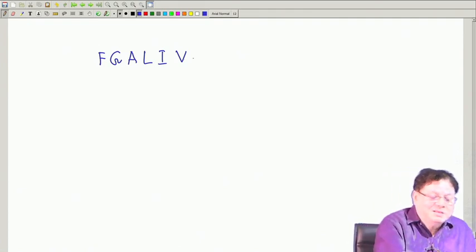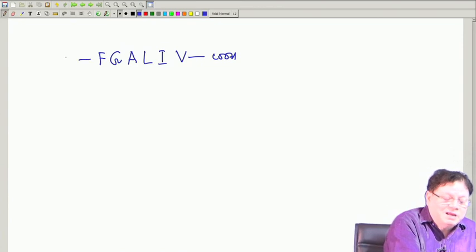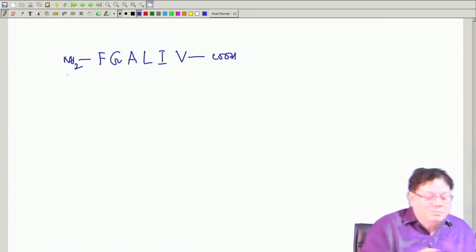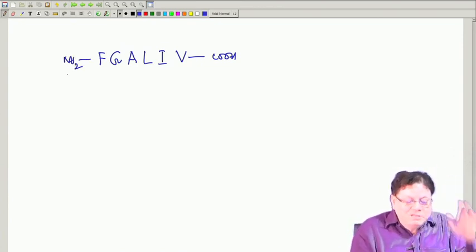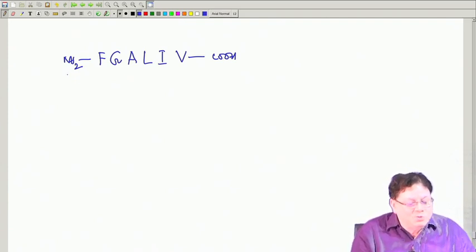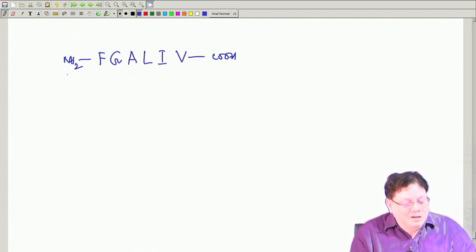Okay. This has the carboxy end free and this has the NH2 free. Now, suppose this is not known to me and I want to know the sequence.